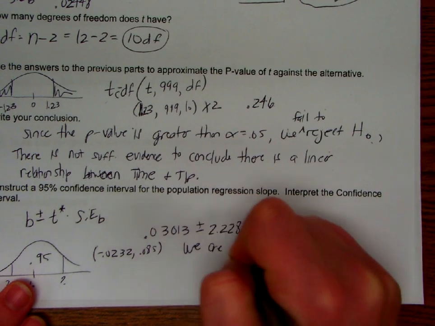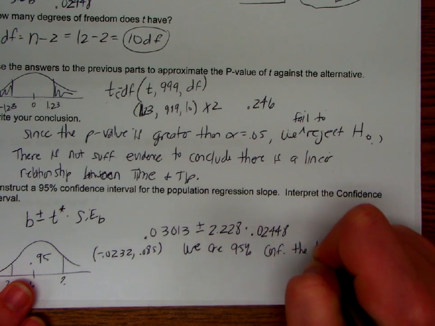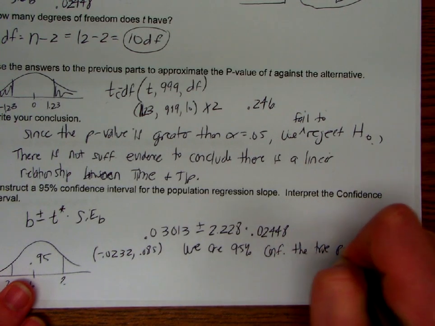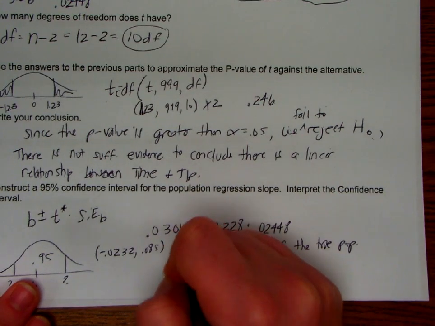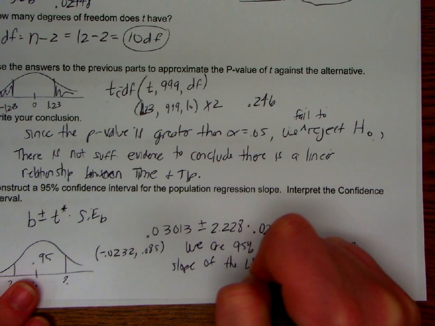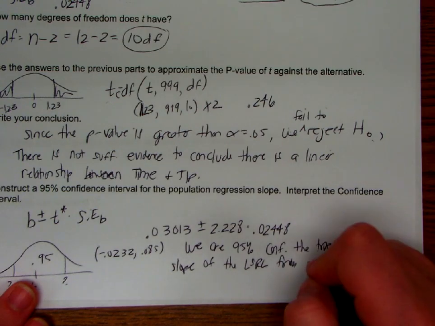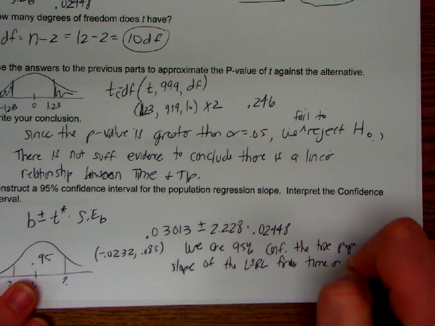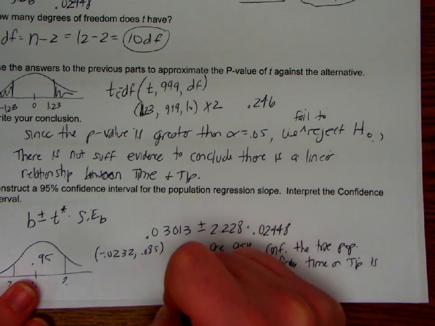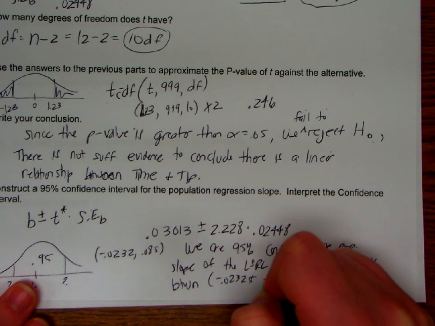We are 95% confident the true population slope of the least squares regression line for time on tip is between negative 0.0232 and 0.085.